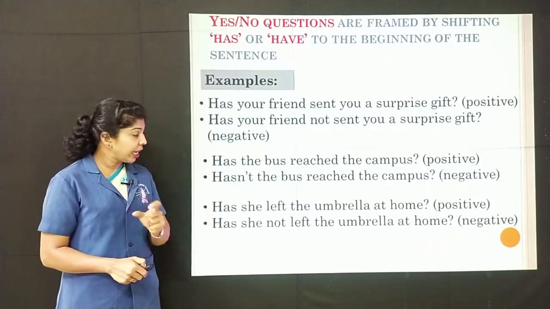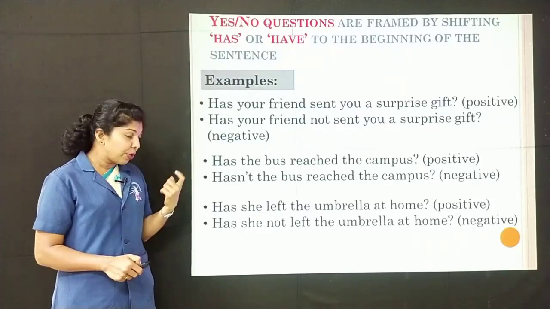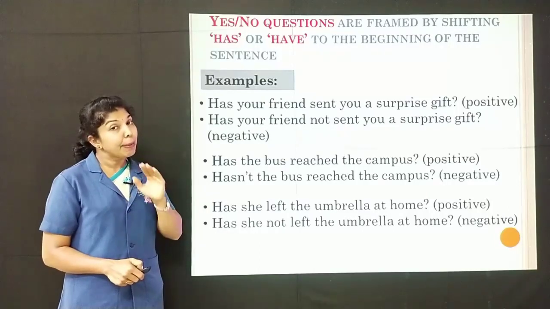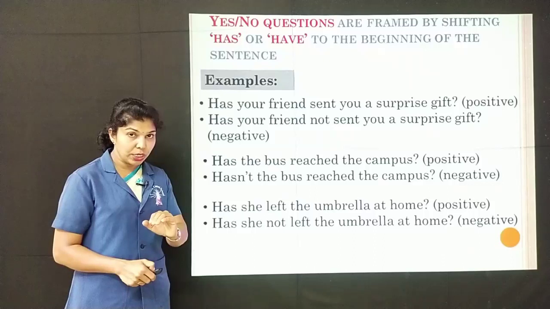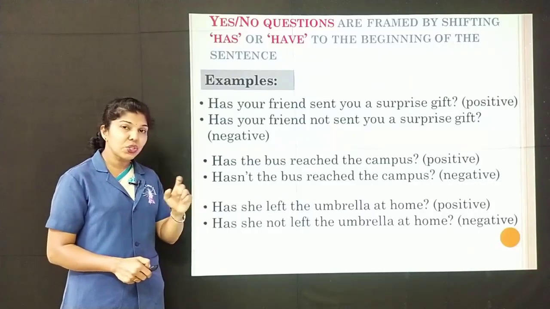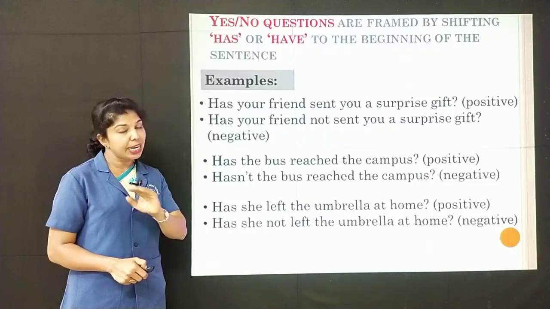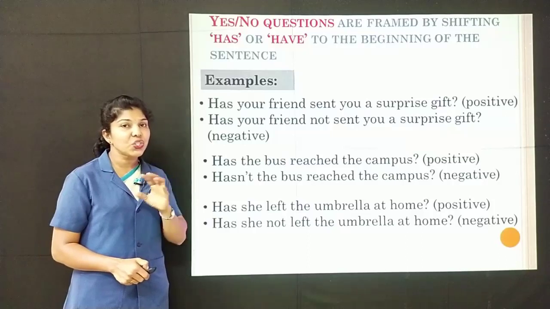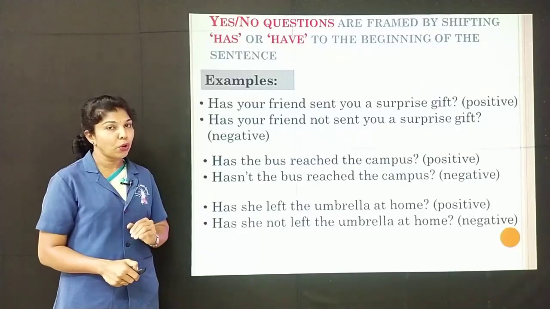When we use the contracted form, that is hasn't, we put it in the beginning and then we place the subject. But in present day English, my dear students, even if we say has not the bus reached the campus, it is considered as correct. There is nothing wrong in saying that, but this is the right structure which we have been following.